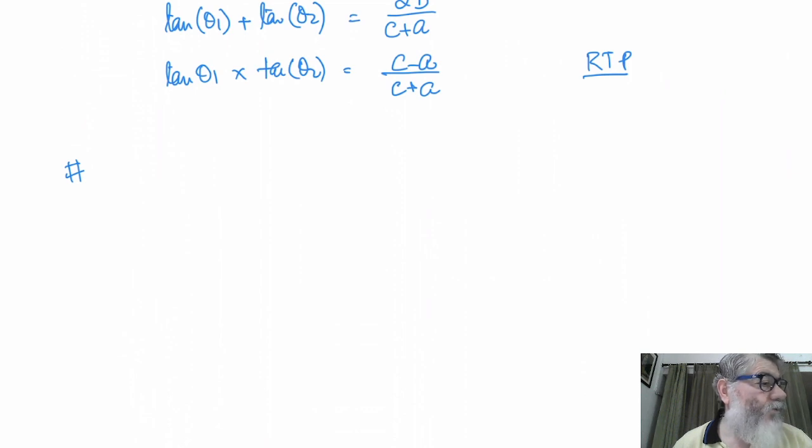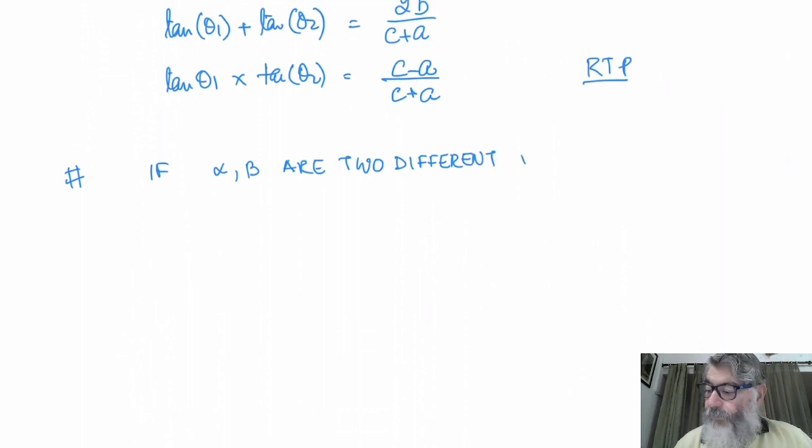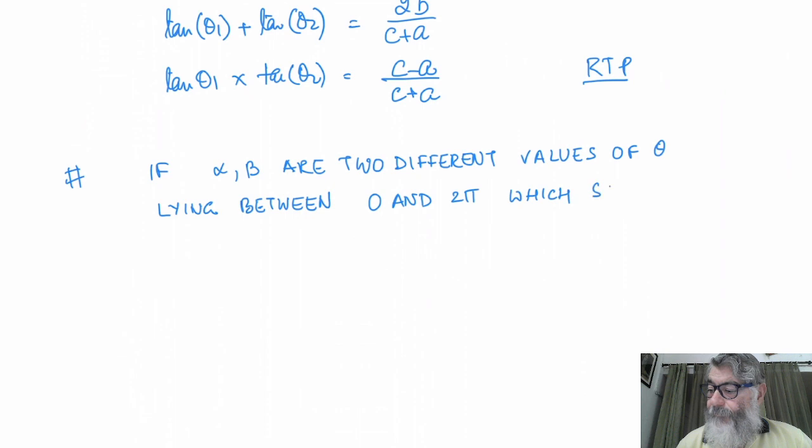He says if alpha, beta are two different values of theta lying between 0 and 2 pi, that means 0 and 360 degrees, which satisfy the equation, what is the equation?